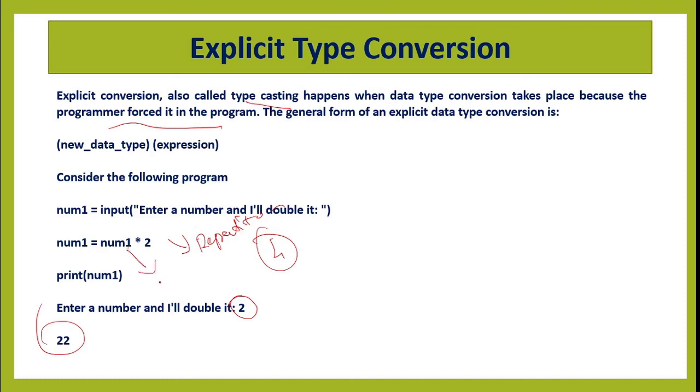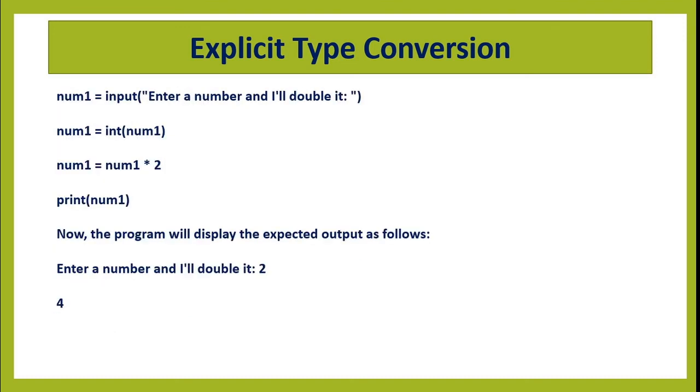The first operand is a string and the second one is an integer, so it repeats the string. So 2 * 2 gives output 22. We didn't get the output 4, but we need the output 4.